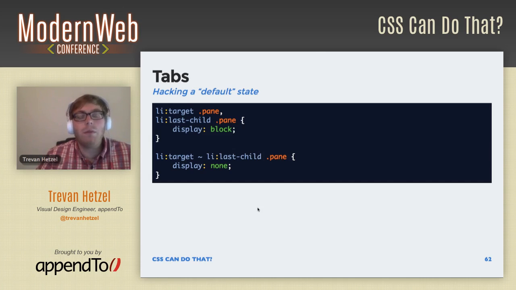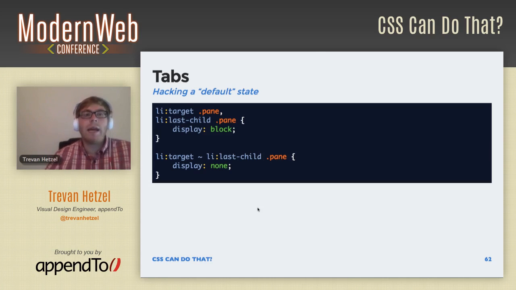Now, if we just left it like that, that last child would be shown all the time. It'd be fine when you loaded it up, but if you clicked on another tab, that list item's content would be shown overlapping the one that we just set as the last child.